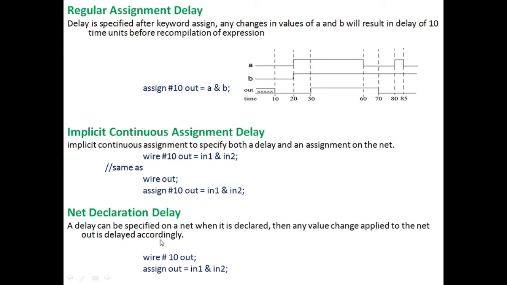So what is this net declaration delay? A delay can be specified on a net when it is declared, then any value changes applied to the net out are delayed accordingly.